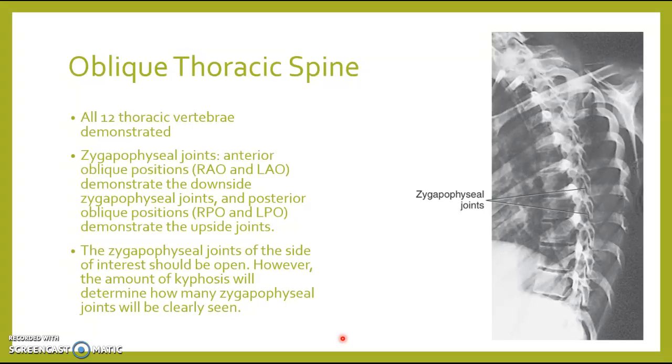For the posterior oblique positions, the RPO and LPO, it demonstrates the upside. So for an RPO, it would be demonstrating the left zygapophyseal joints. The zygapophyseal joints on the side of interest should be open. However, the amount of kyphosis will determine how many zygapophyseal joints will be clearly seen.